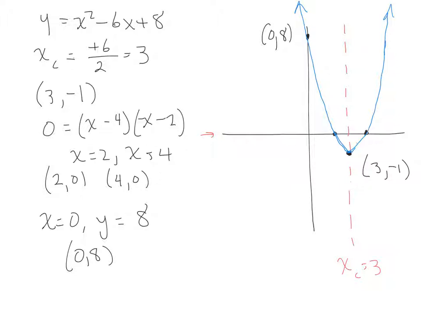And once you find the center line of the parabola, it's fairly easy to sketch a few more points. So finding the center line first is a great idea. And then take some x values equidistant from that center line.